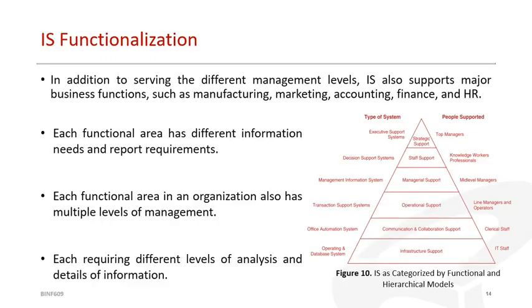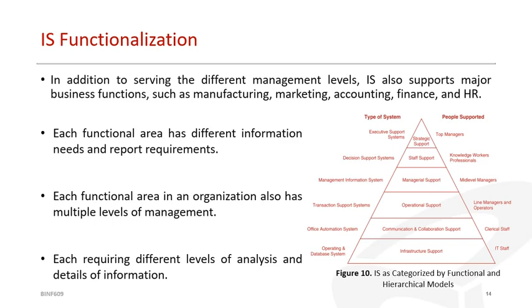In addition to serving the different management levels, information systems also support such major business functions as manufacturing, marketing, accounting, finance, and HR. Each functional area has different information needs and report requirements.